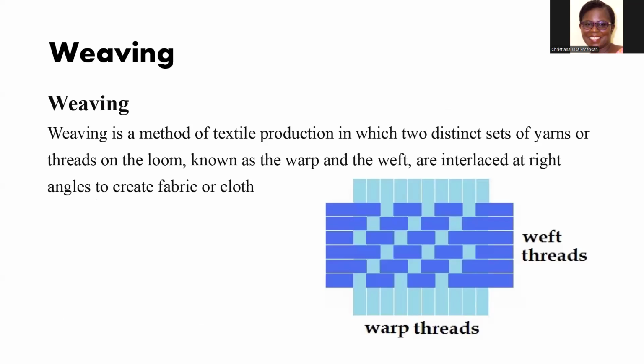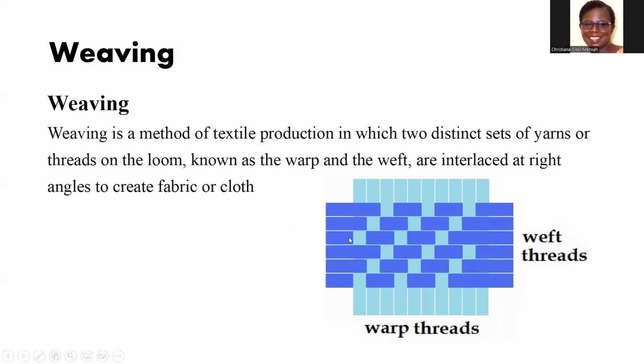So the next that we can continue with is weaving. What is weaving? That is something that we're going to spend more time on. Weaving is a method of textile production in which two distinct sets of yarns or threads on the loom, known as the warp and the weft, are interlaced at right angles to create fabric or cloth.